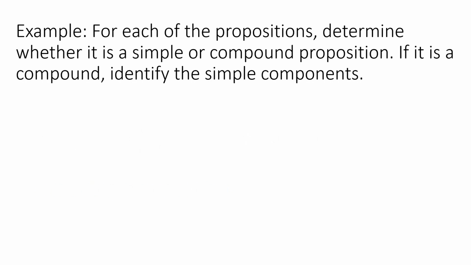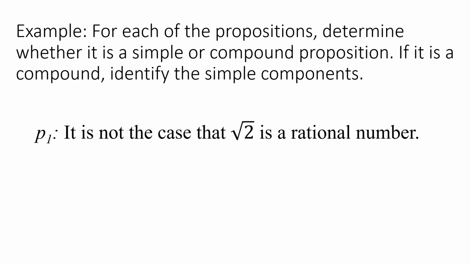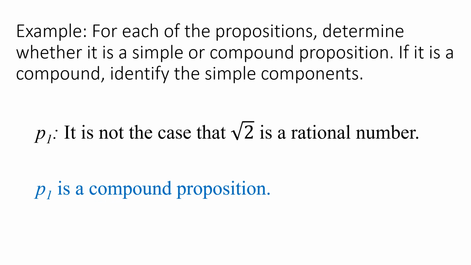Another statement, it is not the case that square root of 2 is a rational number. Now, take note of the statement. It is not the case that square root of 2 is a rational number. This is a compound proposition.